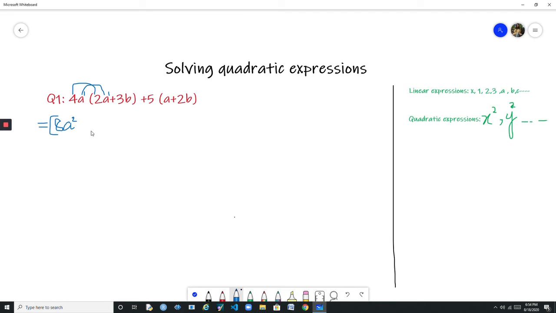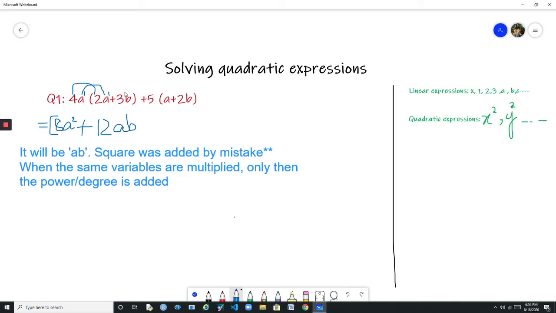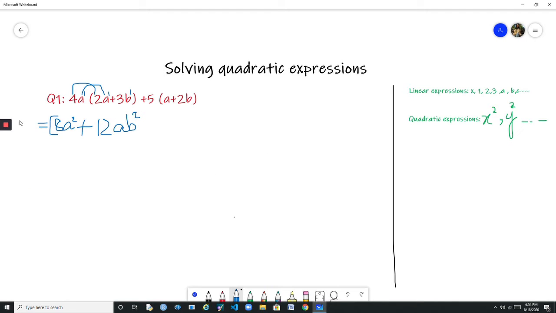Now plus 4 into 3 is 12. a into b is ab, and it also has a 1, which means power raised to power 1. So ab has power 2. So we close the square bracket.